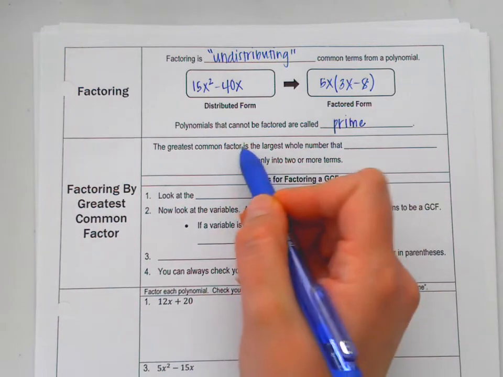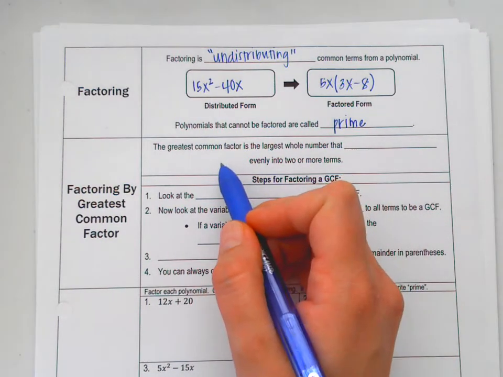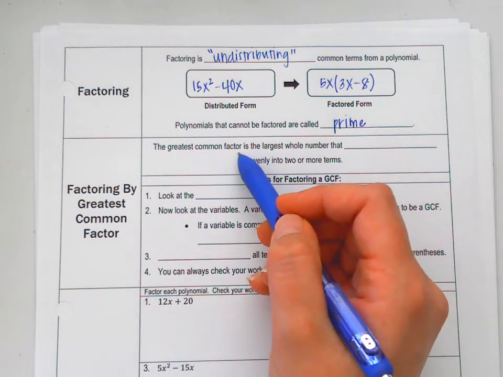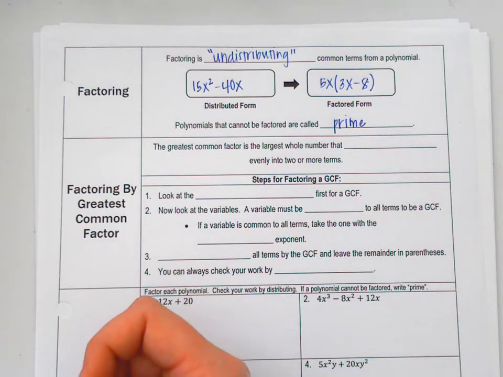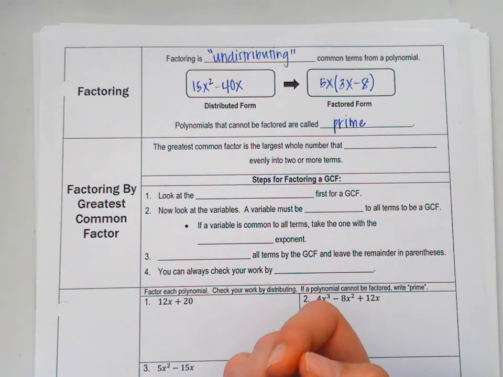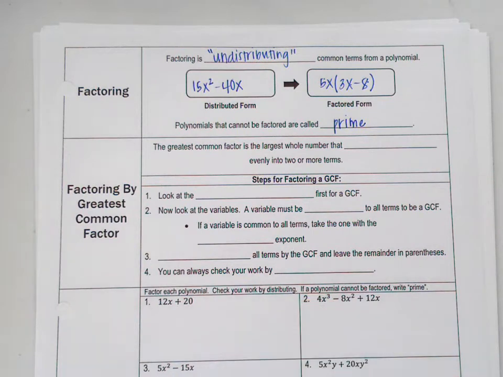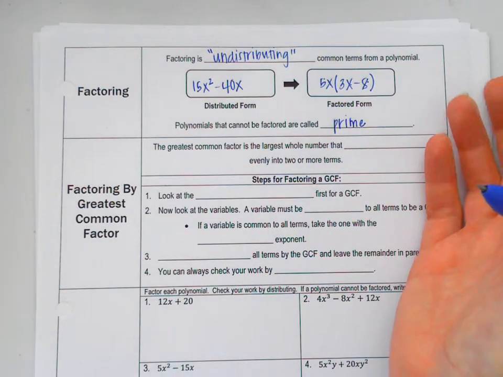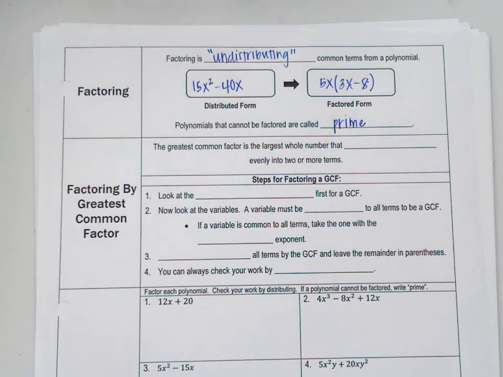The greatest common factor is something you've talked about before. Remember, the factors of 18 are the numbers that divide evenly into 18, so the factors of 18 would be 1, 2, 3, 6, 9, and 18.